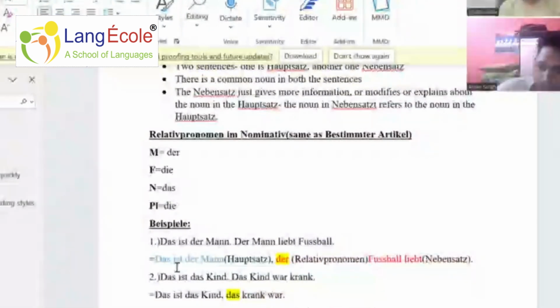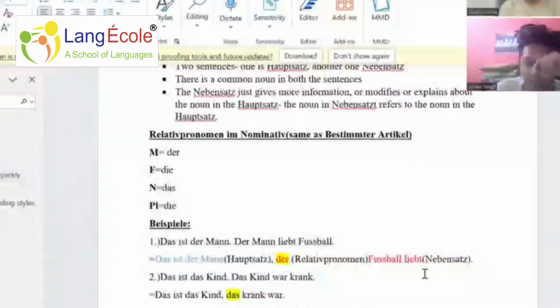This is der Mann. This is our Hauptsatz. Der Fußball liebt. Now, what is again the thumb rule of German? If you are having a subordinate clause, in the Nebensatz your verb will go at the end in the conjugated form, right?